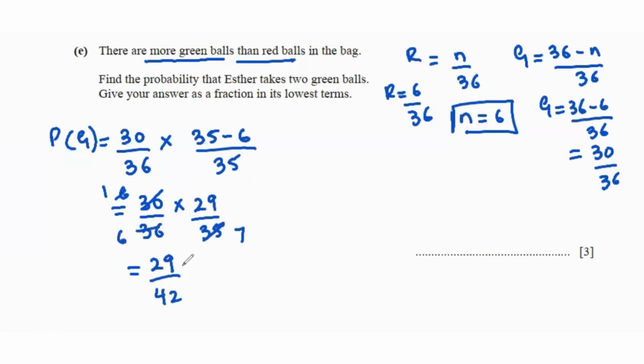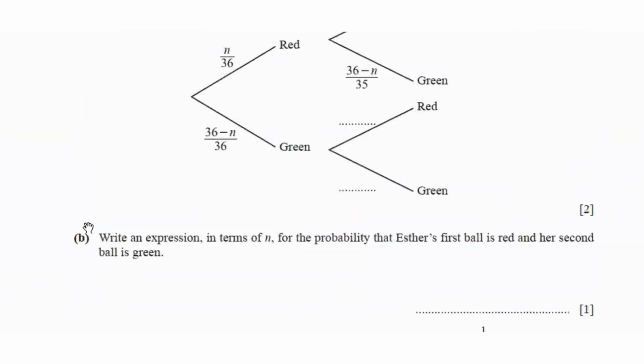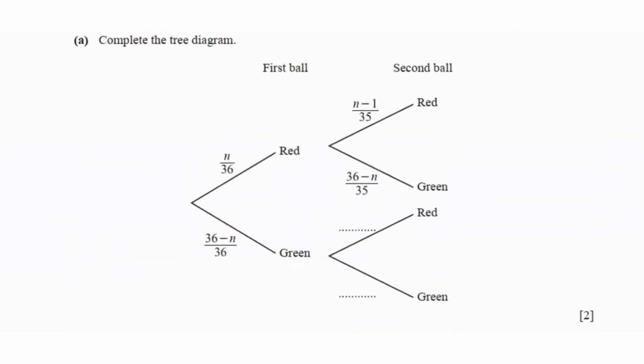So 29 over 42. If it still doesn't make sense, I will go back to your tree diagram. They're saying 2 green balls, so that's this and this. The probability of this was over here, 35 minus n over 35.